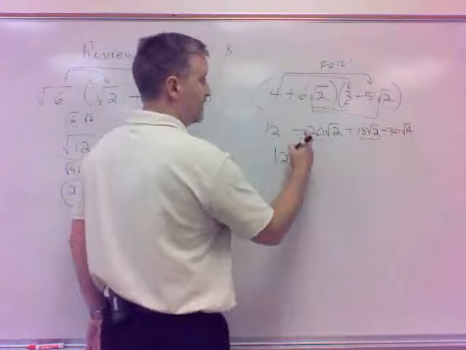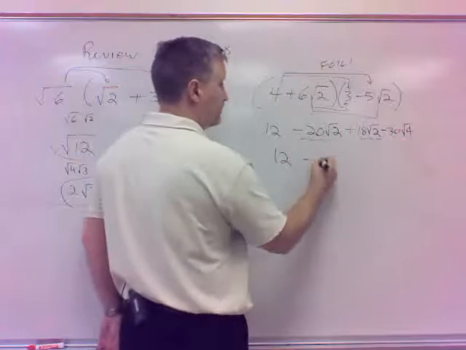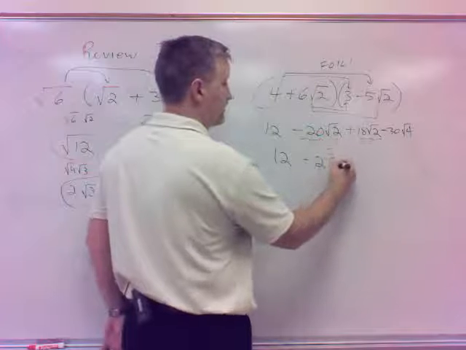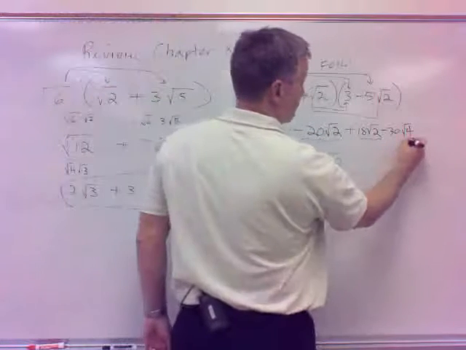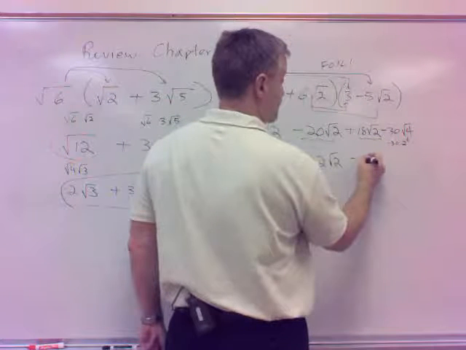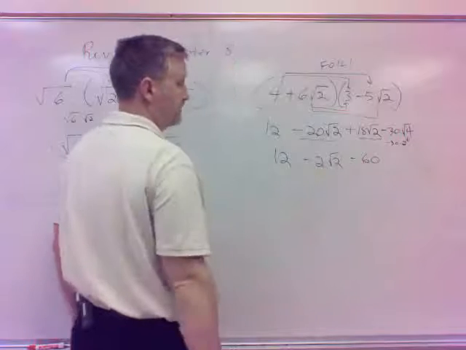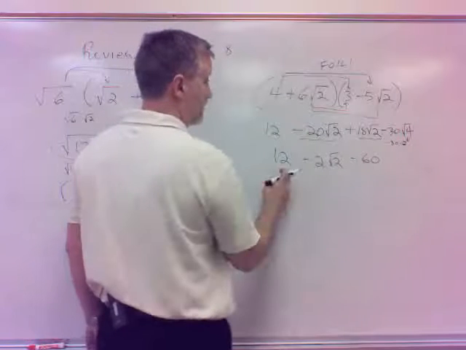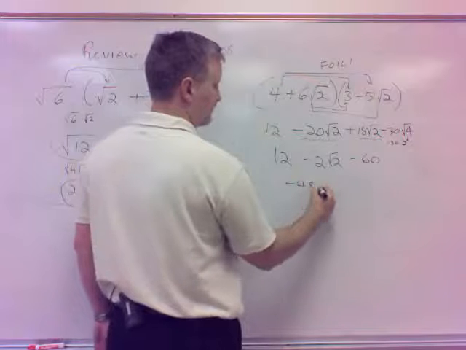Can combine those. That would be, well, negative 20 plus 18 is negative 2. And the square root of 2 stays the square root of 2 when I add them. And then over here I've got the square root of 4, which is just 2. So negative 30 times 2 is negative 60, which makes me able to combine the 12 with the minus 60, which is negative 48.